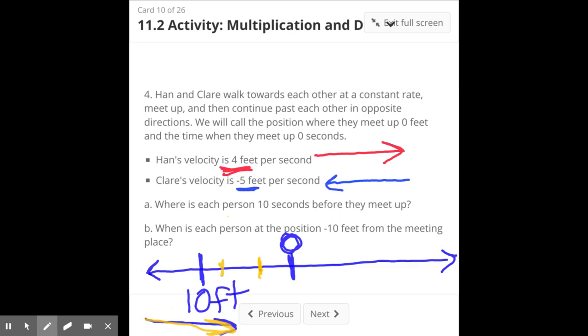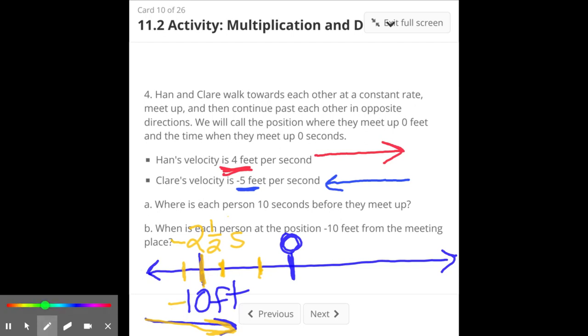So this is 1 second, 2 seconds, and then this is actually a half of a second. So at this point, Han has not met up with Claire yet. So he's at -2.5 seconds. That's where he will be at this -10 feet.